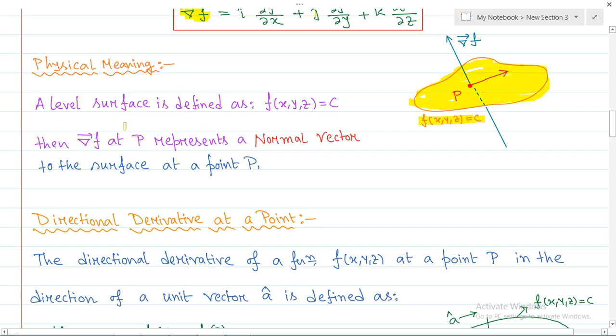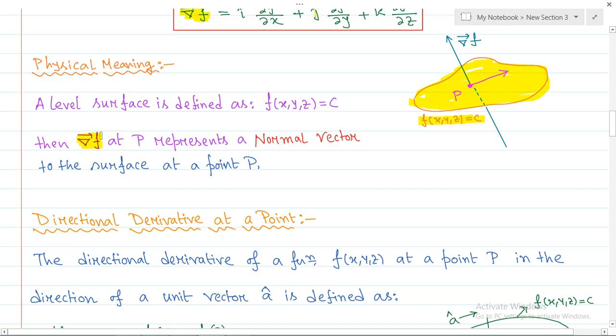Now suppose we want to find grad f at a particular point P. So what is the meaning of grad f at a particular point P? If we draw a tangent through P, we can get the normal at the point P. So the normal at a particular point P of the level surface f of x, y, z equals c is basically represented by this grad f.